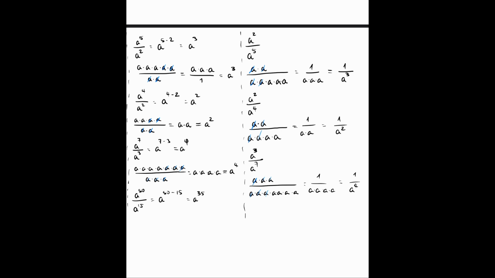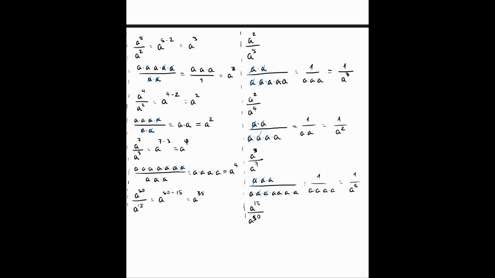Awesome. Well, again, what can we do if we have really large exponents? For example, what in the world would be a to the 15th power divided by a to the 50th power? Well, we already noticed the pattern before. We noticed that we would subtract the exponent in the denominator from the exponent in the numerator.